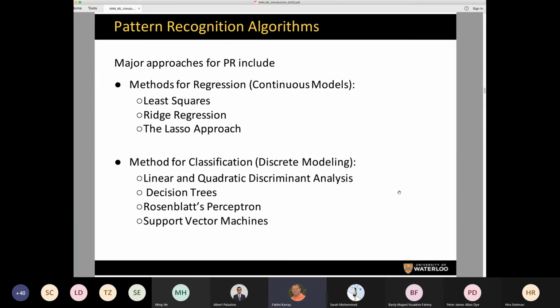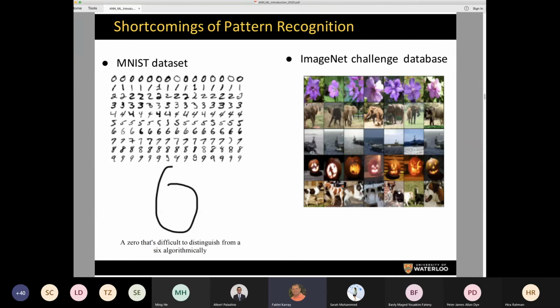They are very useful, and they have been formally utilized to solve these particular problems. But as we are going to see later on, let me give you a prelude of why pattern recognition hasn't been the winner in the contest between pattern recognition and machine learning type of models.